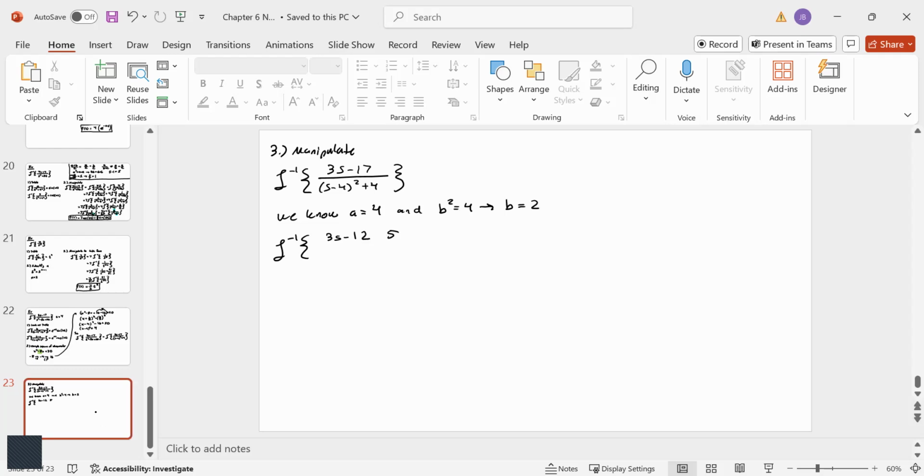Plus 5. No, minus 5. Yeah, because 17. Now, I want you to look at why I would do that. If I look closely, I put parentheses around this, I can rewrite this as 3 times s minus 4, because 4 times 3 is 12. And I get that.